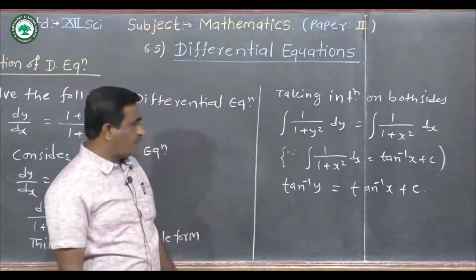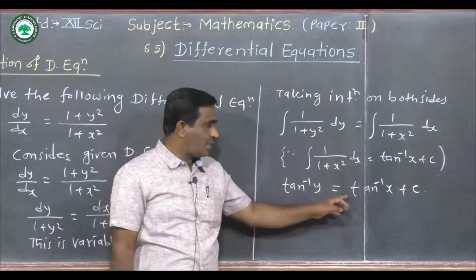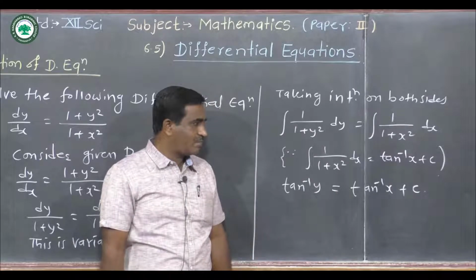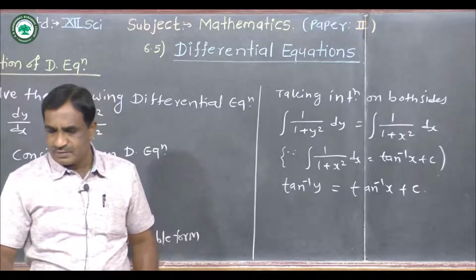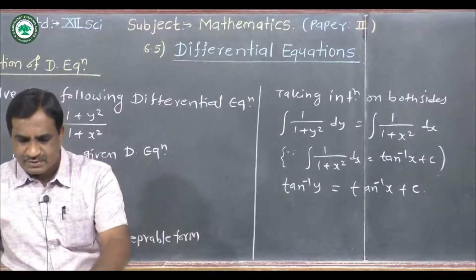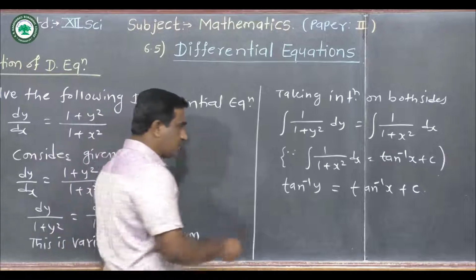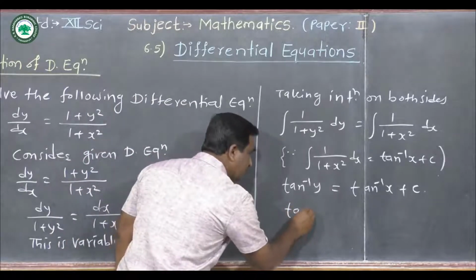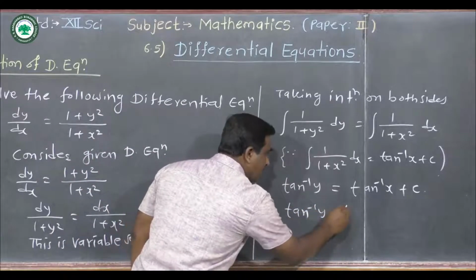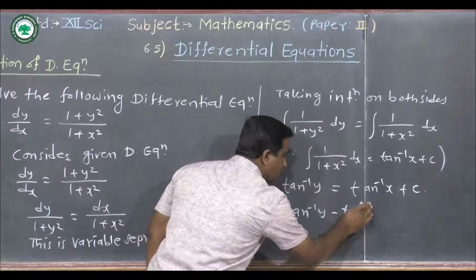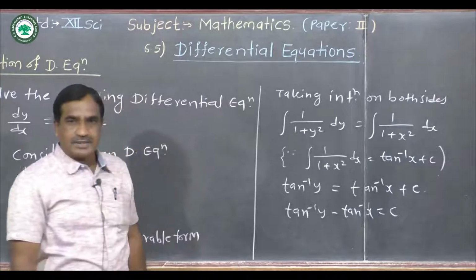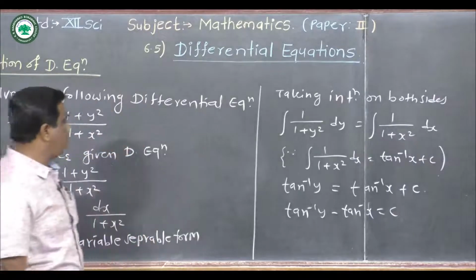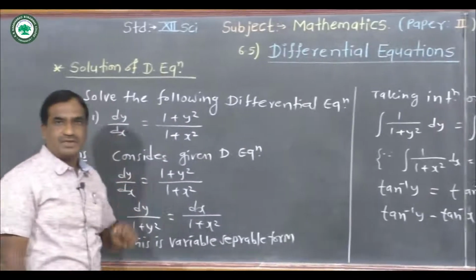That is we get the equation tan inverse of y equal to tan inverse of x plus c. This is the required general solution, or we can write it in the form tan inverse of y minus tan inverse of x is equal to c.